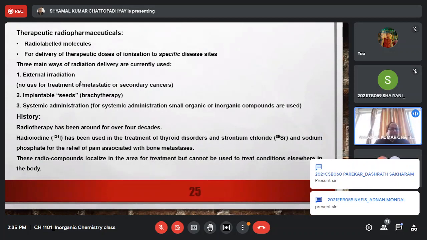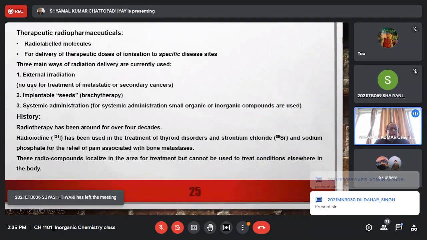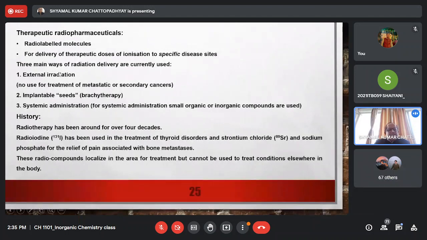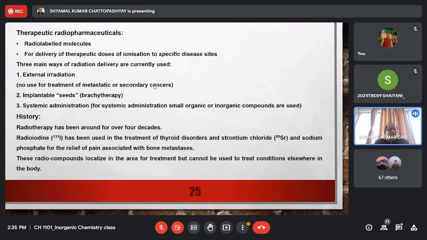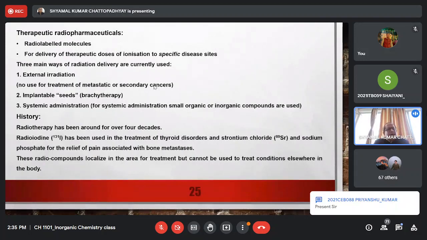But this external irradiation is not useful for treatment of tumors or cancers inside the body, or for metastatic or secondary cancer, because in most cases metastatic or secondary cancers occur deep inside the organs, and so for treatment of them, the external irradiation system is not at all suitable.